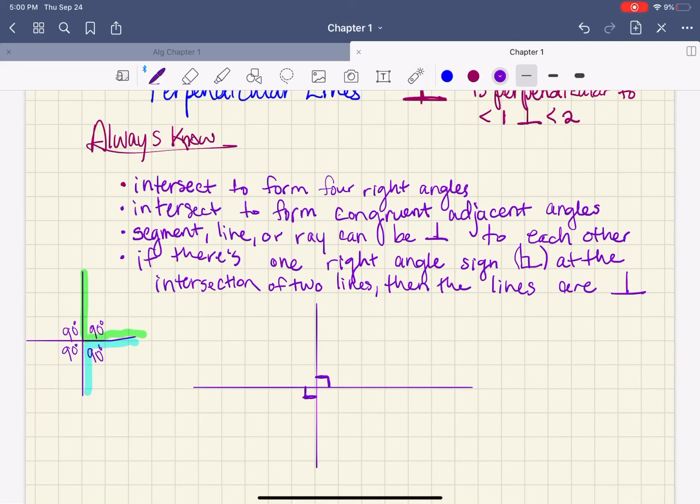And then these have to also be 90 degrees because there's no other way for me to make 180 degrees with them. So we don't have to write it like that. That's the explanation for it. When you have one of these boxes, you have perpendicular lines at that intersection point.